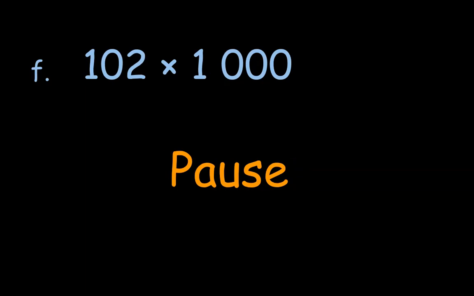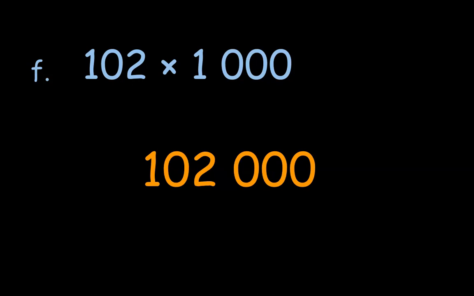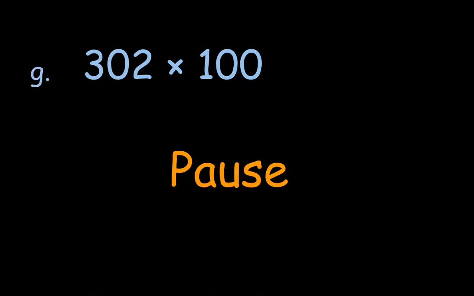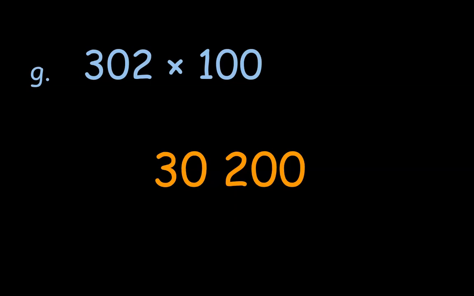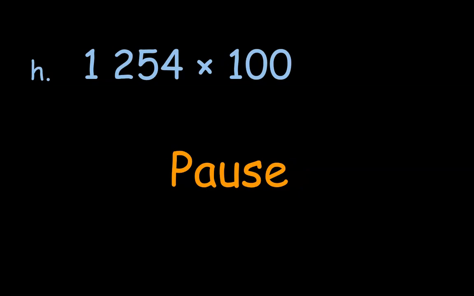102 times 1,000. Pause the video and when you are ready, resume. 102,000. 302 times 100. Pause the video, resume when you're ready. 30,200. 1,254 times 100.